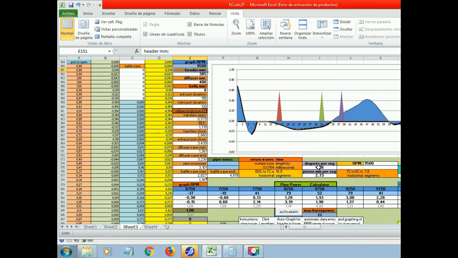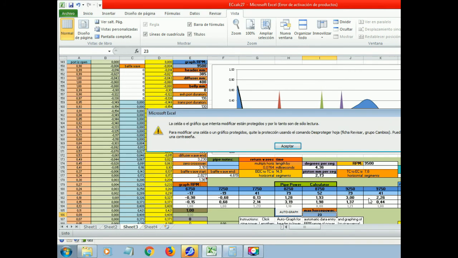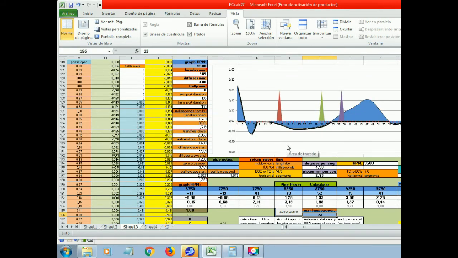And enter the estimated maximum horsepower, which his is pretty high. I'll just put 65. Hold on.